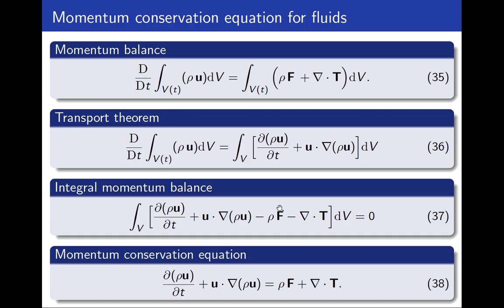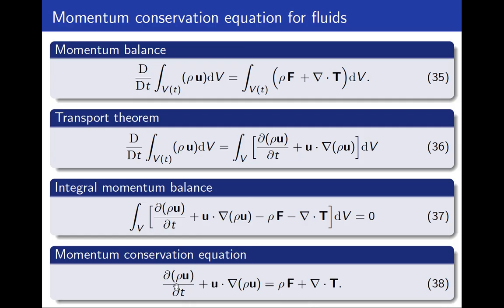So in order to satisfy this equation, the integrand has to be equal to 0. So that means that the acceleration of the fluid has to be equal to the forces acting over the fluid, which is going to cause a variation in the momentum. So this is the partial differential equation that expresses the momentum conservation equation for a fluid.